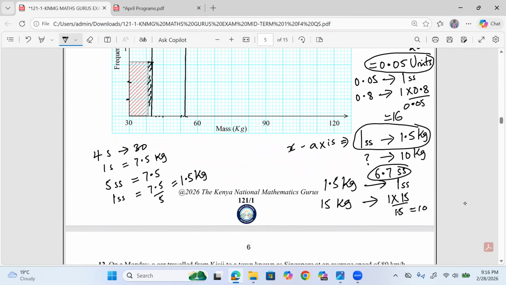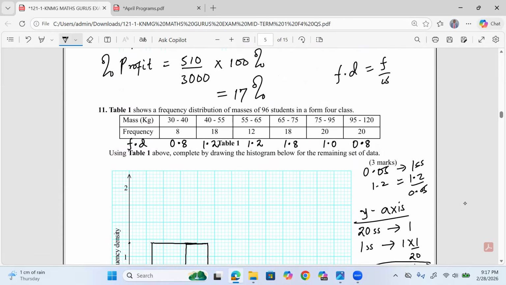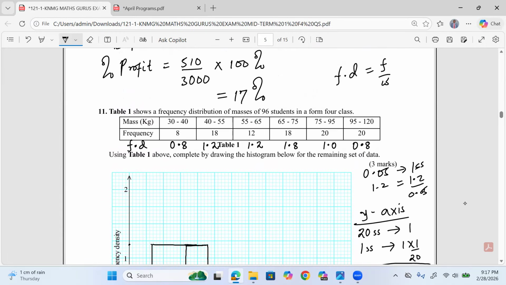So we add 6 complete units, 1, 2, 3, then other 3, up to this point. And we raise up to the same height, 1.2. 1.2 will require 24 units upwards. I hope you see those frequency densities that are equal, 1.2, 1.2.